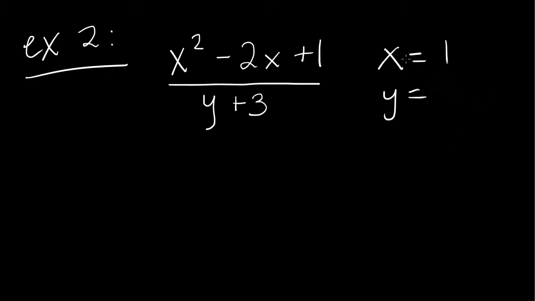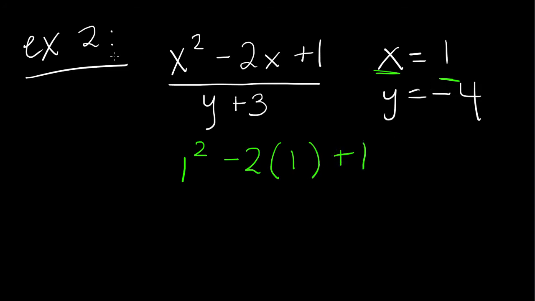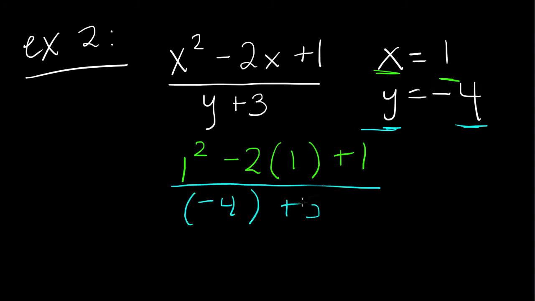Alright, so x equals 1 and y equals negative 4. So let's plug all these things in, right? Use our substitution skills. So here we have x equals 1, so 1 squared minus 2 times 1 plus 1. And then we have y equals negative 4, so we can plug that in over negative 4 plus 3.